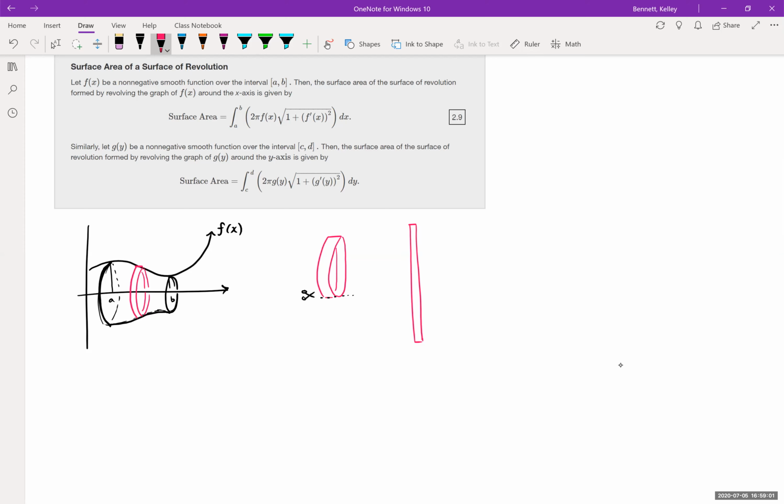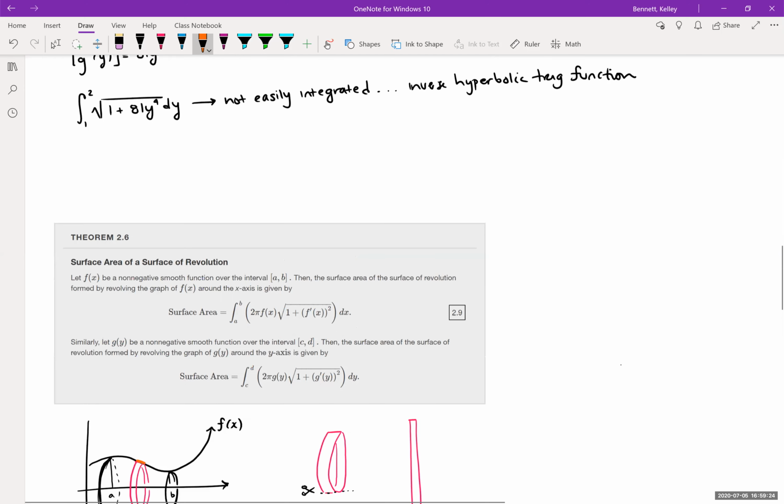So this little width here, well, actually, let's think about this. This little piece here comes from this little piece here, right on the curve. I'm going to scroll up.